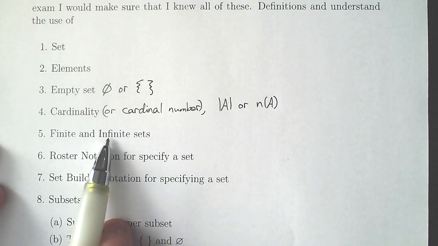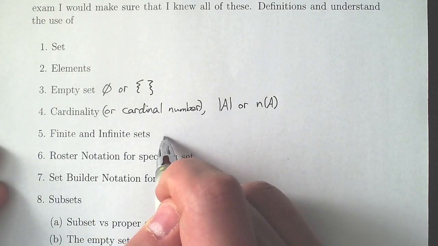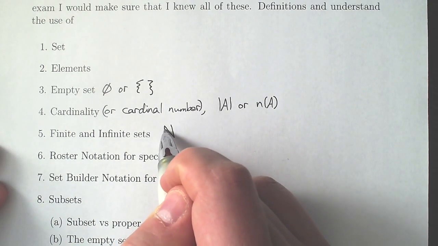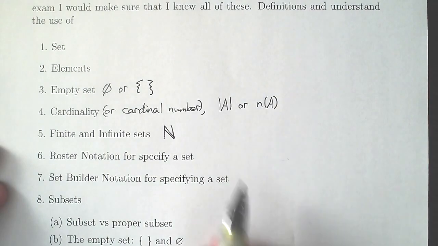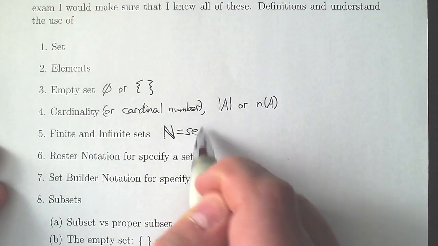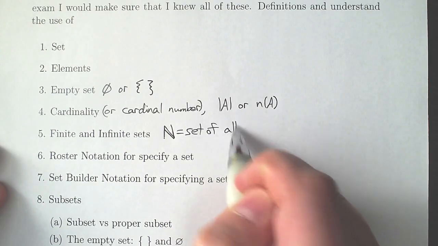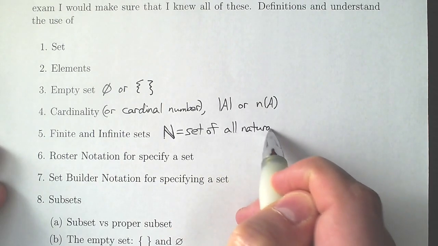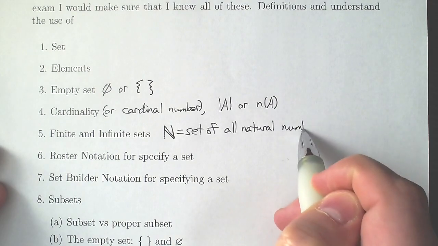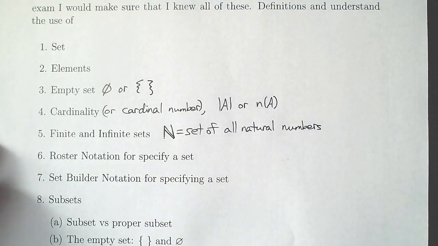Finite and infinite sets. So an example of an infinite set would be this one, the set of all natural numbers. So you can go back to when we talked about that.